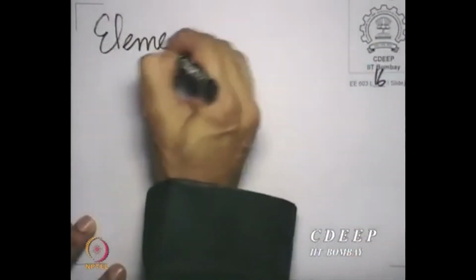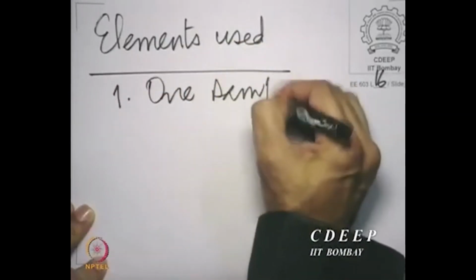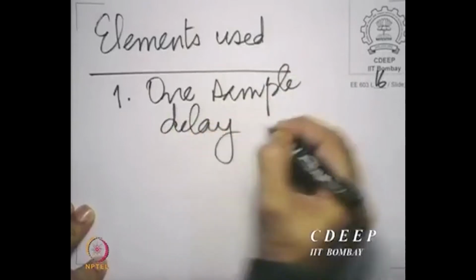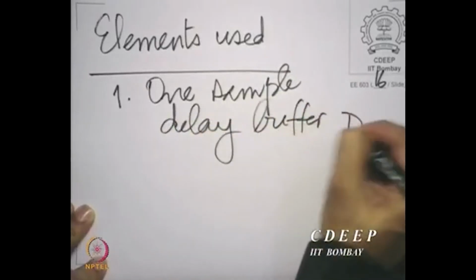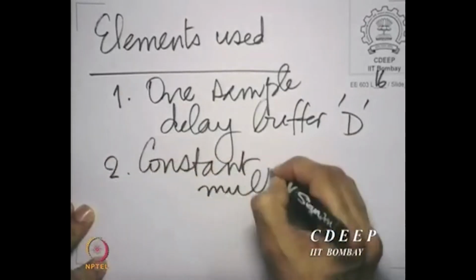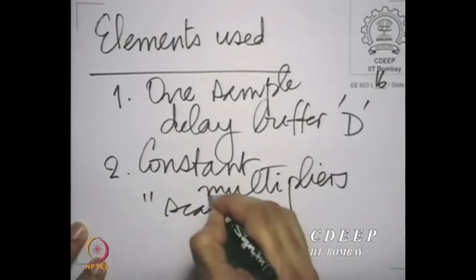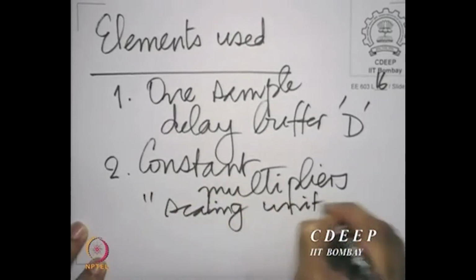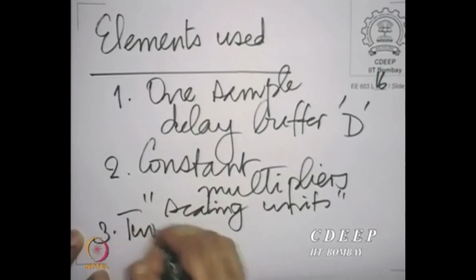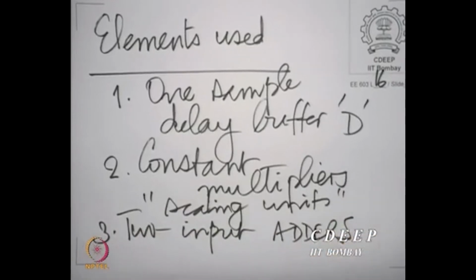Elements that are used: one sample delay buffer, which we denoted by D, constant multipliers or scaling units, two input adders. These are three kinds of elements that we used.